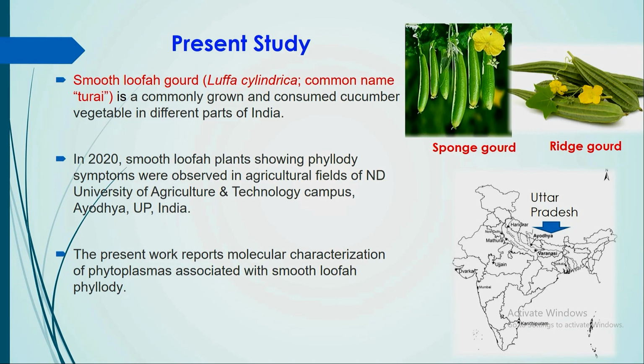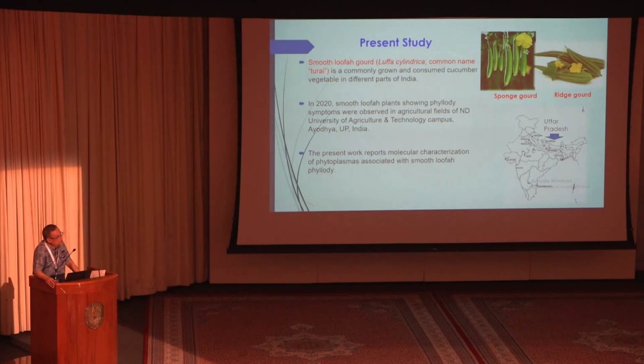So in the present study, we surveyed Uttar Pradesh, one of the biggest provinces in India. We surveyed Ayodhya, a major area in central UP, including a university campus where all the different experimental fields are, and we found 5 to 12% incidence of phytoplasma suspected symptoms on Luffa cylindrica.